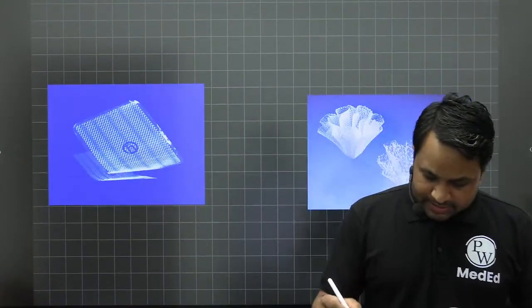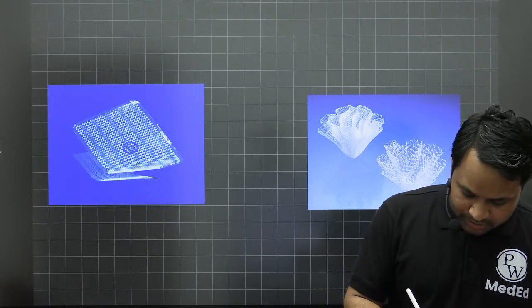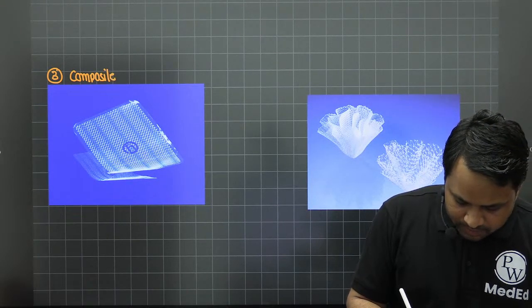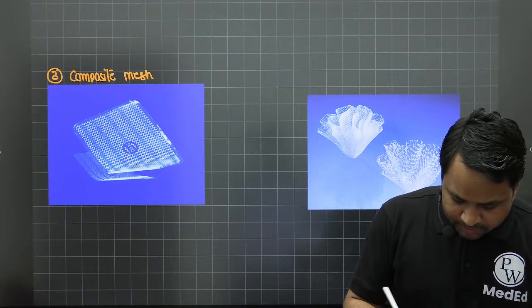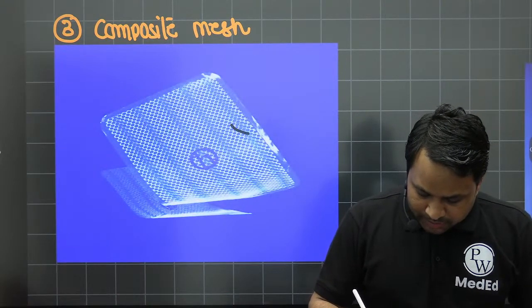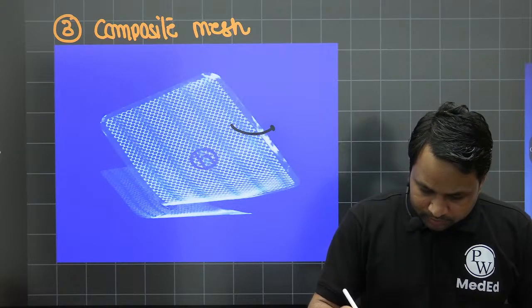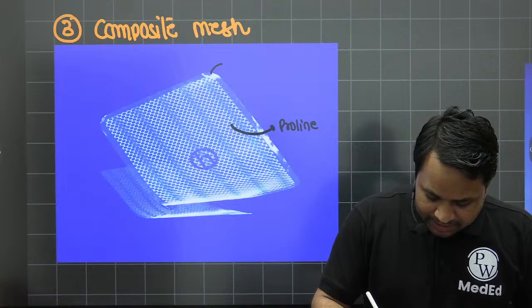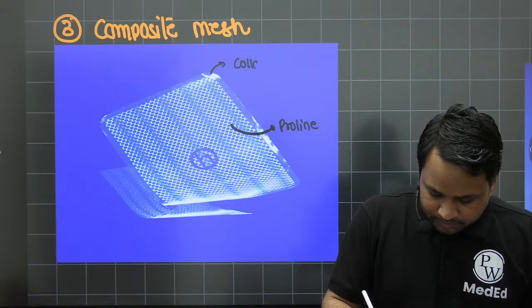Now, this is what we call the composite mesh. As you can see in the composite mesh, we have used two different materials. This is your Prolene, and the gelatinous membrane is your collagen.